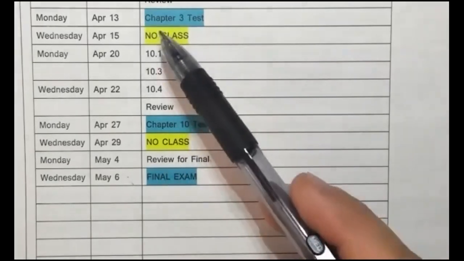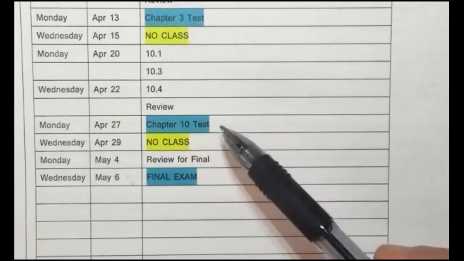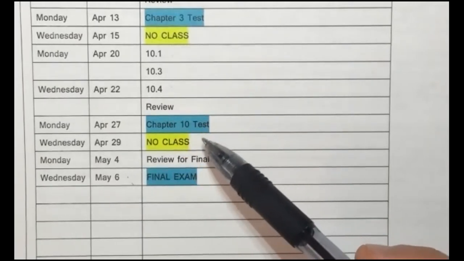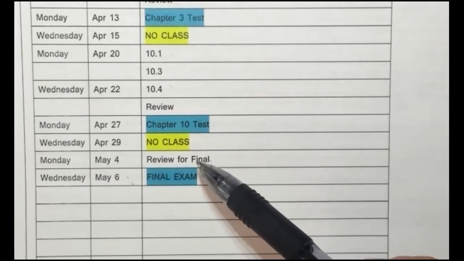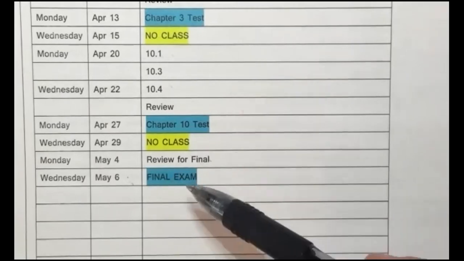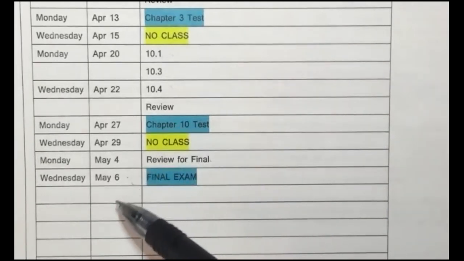So you've got some time. We're on April 22nd now. Finish up your chapter 10, take that chapter 10 test, do your review for your final, and then take your final exam. And like I said, I'll have those grades posted on May 7th.